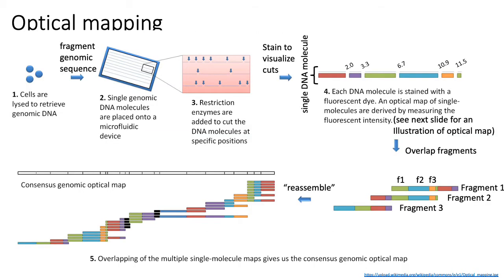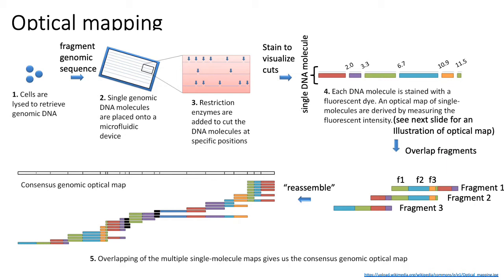Another approach to determining the order of contigs is called optical mapping. In optical mapping, you take your genomic DNA, fragment it into large fragments, and put them on a microfluidic device, after which you take a collection of restriction enzymes for which you know their recognition sequence, and use those restriction enzymes to make cuts across each of the genomic fragments.